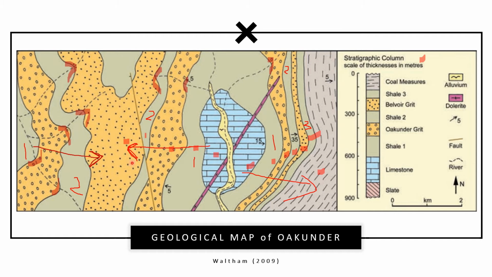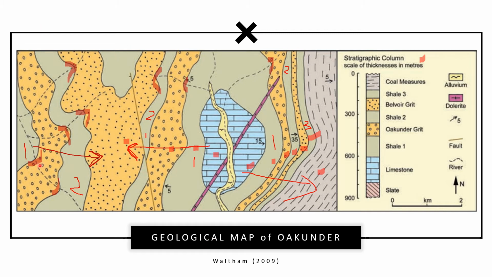So this side is pointing right, and this side is pointing left. How about in this side? It opposes the direction on this side. So we can conclude that there are fold axes visible in this geological map.